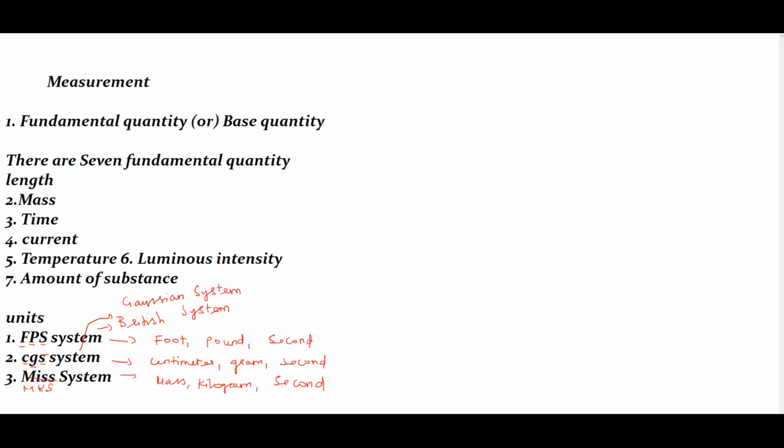Different types of units are available in FPS, CGS and MKS systems. Before 1960 we followed these, then in 1971 an organization called the Conference of Weights and Measures brought everything into one system, that is called SI system.